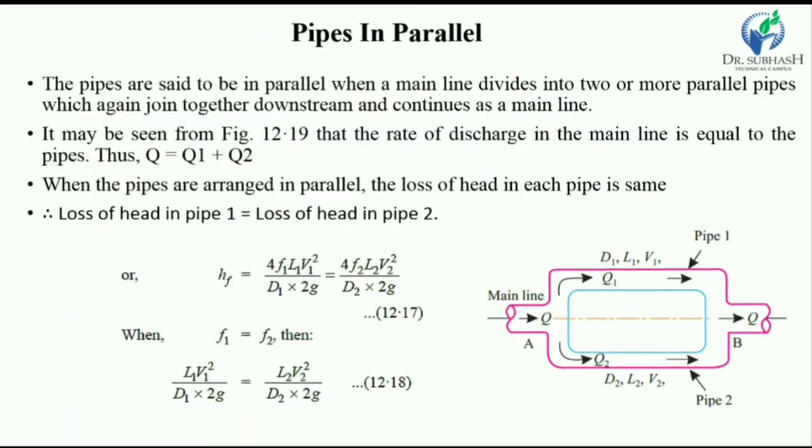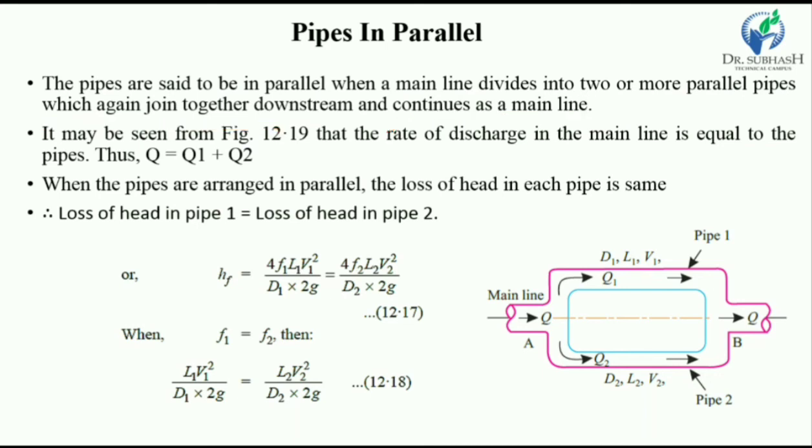Okay. Now the other one is pipes in parallel. Pipes are said to be in parallel when the main line divides into two or more parallel pipes, which are again joined together and continue as a main line.